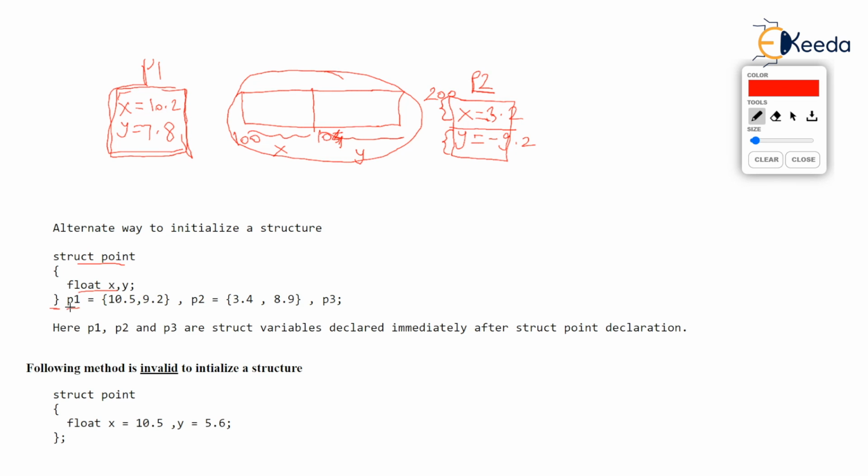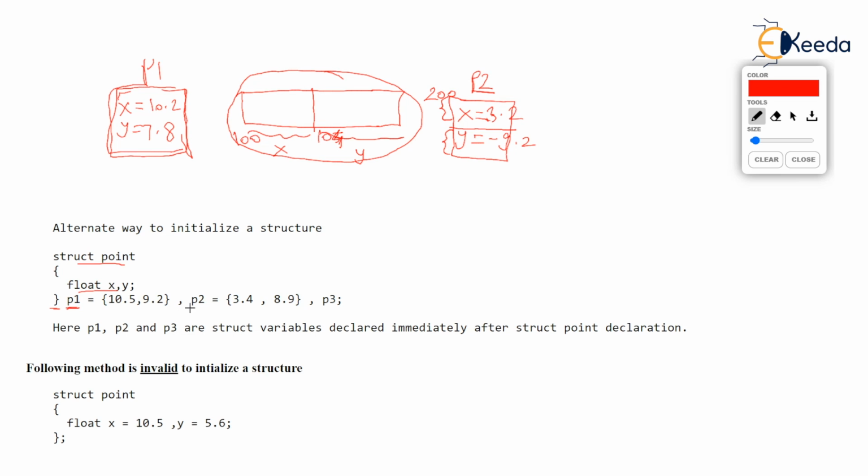So you don't have to write that line struct point P1, P2, P3. While you end the struct declaration, then and there you can declare a variable. And while declaring a variable P1, you can also initialize it by writing equal to values inside the curly brace, putting a comma and declaring more variables like this.